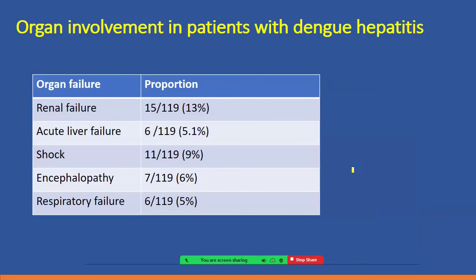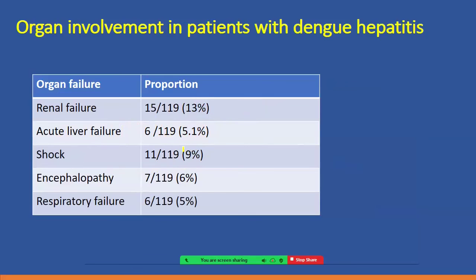Coming to the other organ involvements, renal failure was present in 13% of the patients. Acute liver failure, which has been defined by the presence of jaundice, encephalopathy, and prolonged INR, was seen in 6 patients, which is relatively higher than the other series we have presented, because the incidence is less than 2 to 3% in other series, but in our series it is 5.1%.